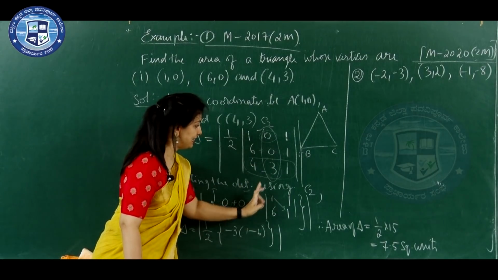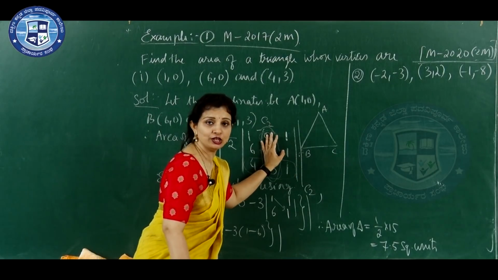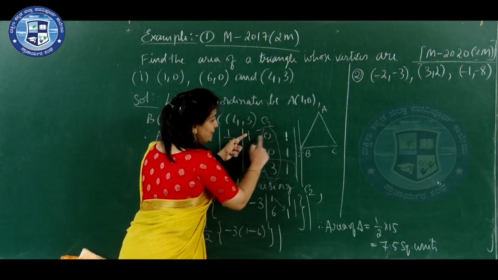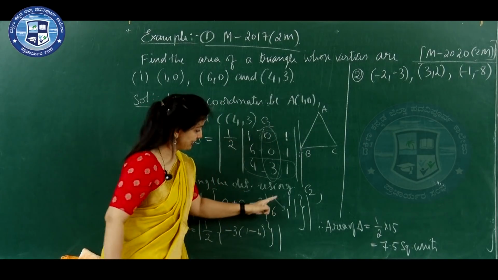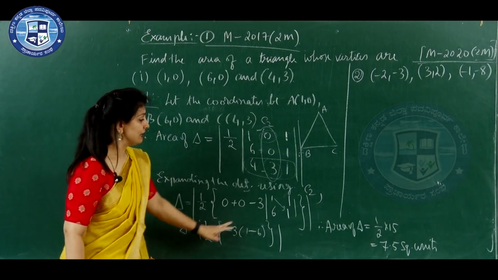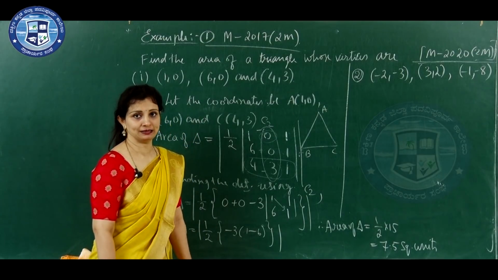So it is minus 3 into, delete the third row and second column where this 3 lies. The remaining elements are 1, 1, 6, 1. Cross multiply: 1 minus 6 is minus 5, into minus 3 is 15. 15 by 2 is 7.5 square units, the area of the triangle.